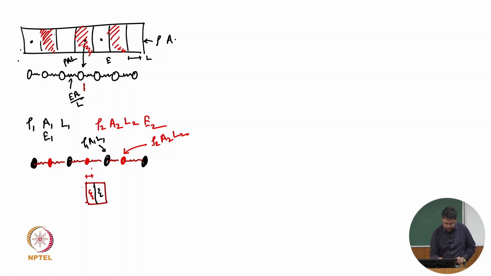So red will be L2 by 2 and the black part will be L1 by 2. The stiffness for the black portion is E1, A1 divided by L1 by 2, and the red part stiffness is E2, A2 divided by L2 by 2.